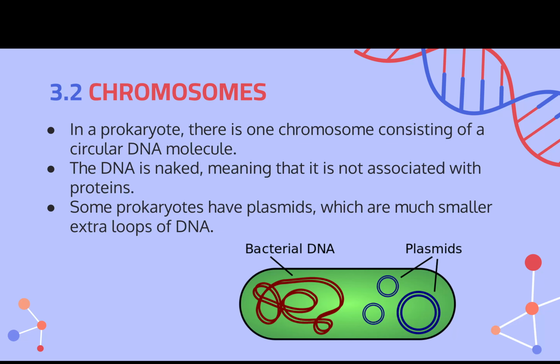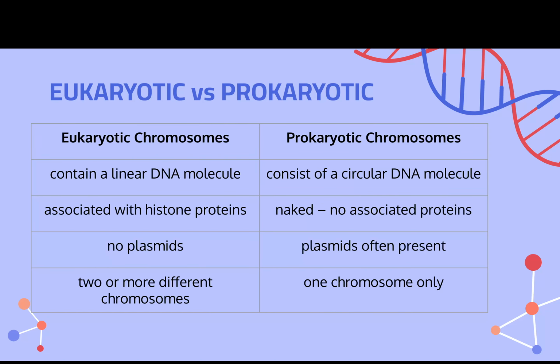Them being in a circular shape basically means that they're not in the conventional chromosome shape as we know in humans. So they're basically in a string that connects into a circle. The difference between eukaryotic and prokaryotic chromosomes is kind of important. It can come up as a question.